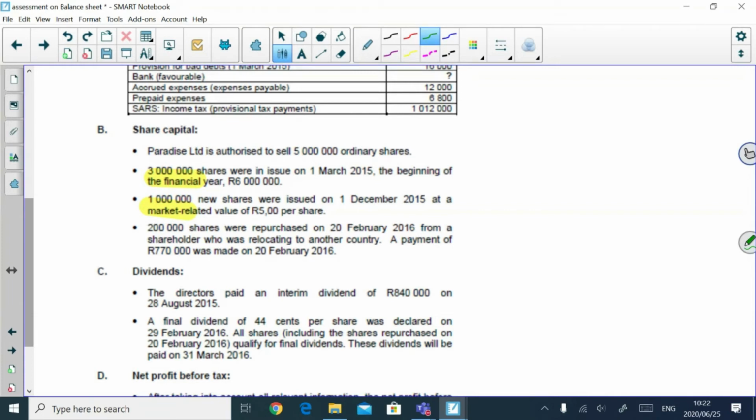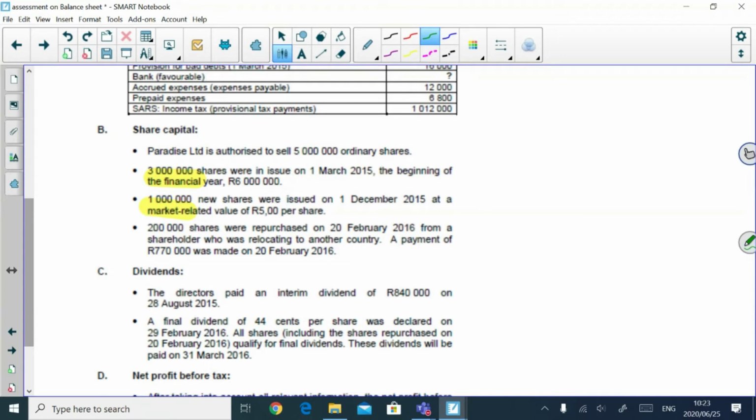Also our bank balance will increase. That means equity will increase on the credit side, and our asset, which is our bank, will also increase on the debit side. So just remember that.